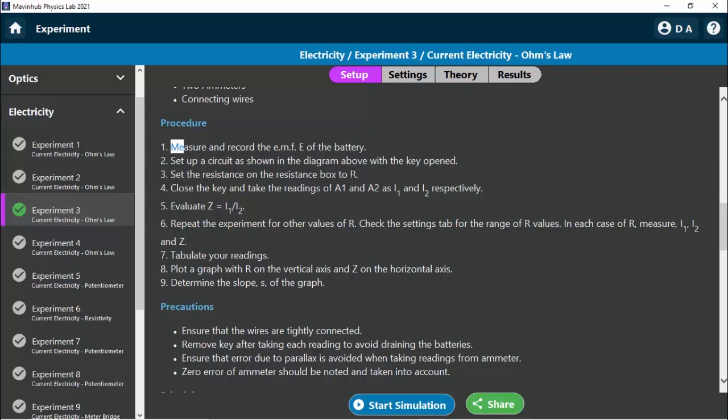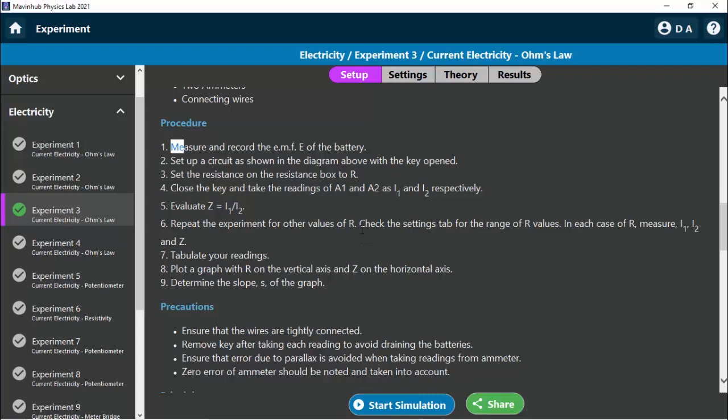For each value of R, you will close the key and take the readings of the first ammeter and the readings of the second ammeter, and each of the readings will be marked as I1 and I2 respectively. Then once you've got your I1 and I2, you divide I1 by I2 to get your Z, to evaluate Z as I1 over I2. Then you repeat the experiment for various values of R.